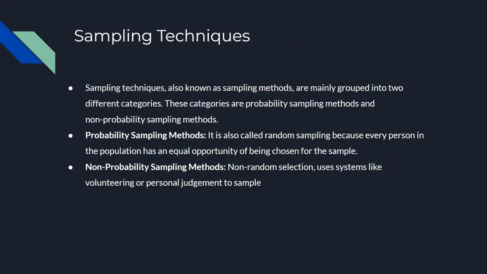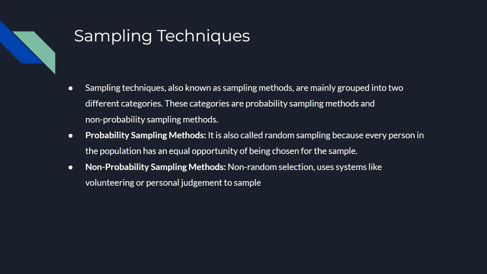And then we have sampling techniques, which is the thing I talked about earlier, where there are two categories. So probability sampling is the first version. It's called random sampling because every single item in the population has an equal opportunity to be chosen in the sample. So say you're looking at a production line with a population of 100 nuts or bolts or something of that nature.